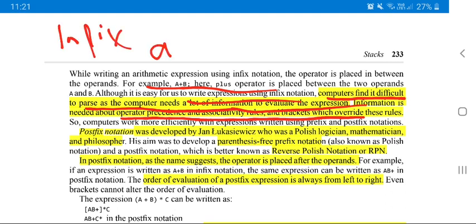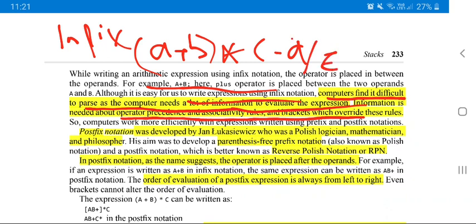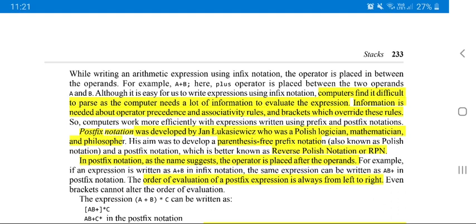Take an expression like a plus b in parentheses, into c minus d, divided by e. As per the parentheses, the precedence changes. So the computer takes so much time to evaluate the infix expression. Computers work more efficiently with expressions written using prefix and postfix notation.